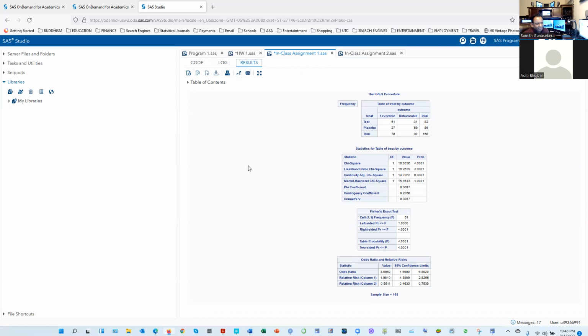The favored among people who had the drug versus the people who got the placebo. So that means it's 3 times higher. Favored by the people who had the drug is 3 times higher than those who had the placebo.